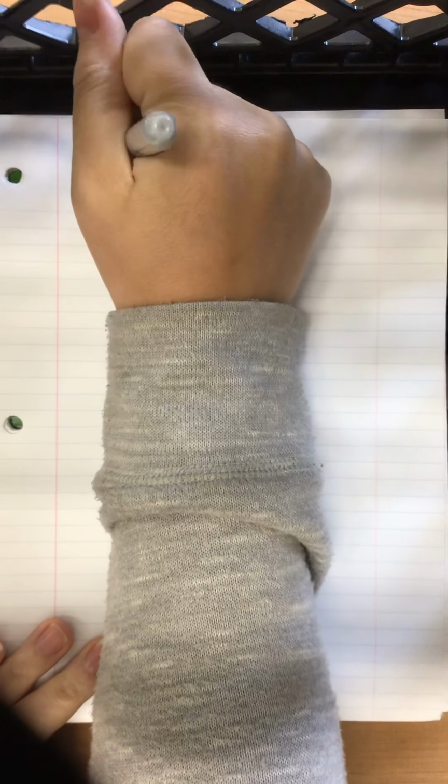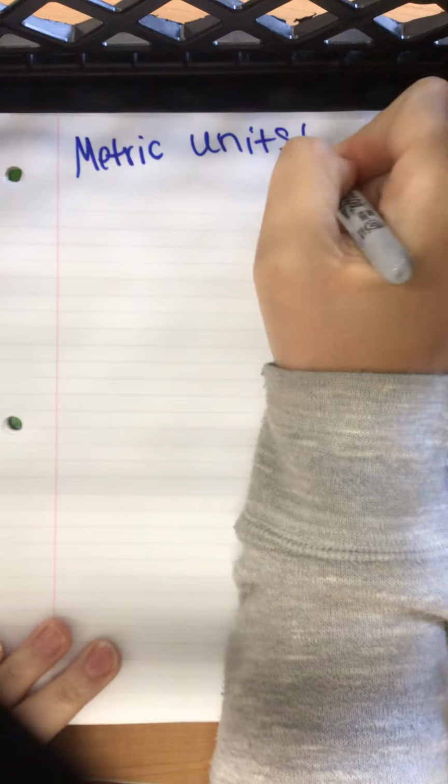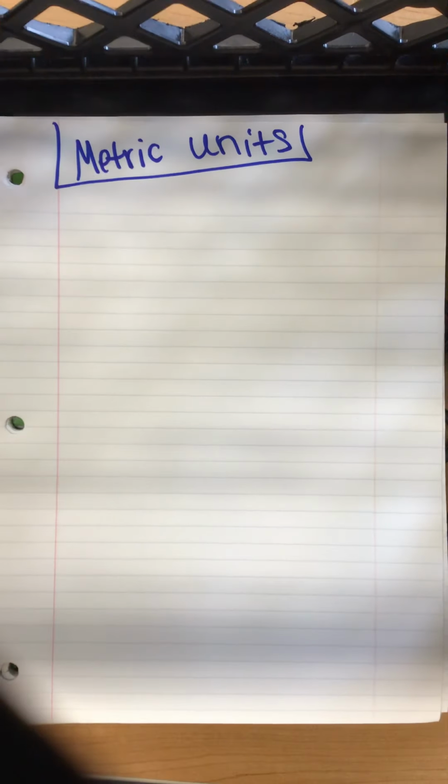Okay, so today in math, we are going to be talking about metric units. Okay, and we're going to use this chart today. We're going to use it tomorrow, so make sure that you keep it handy.